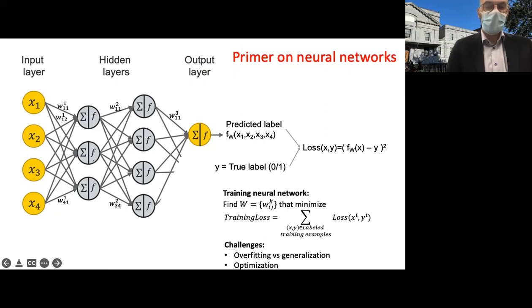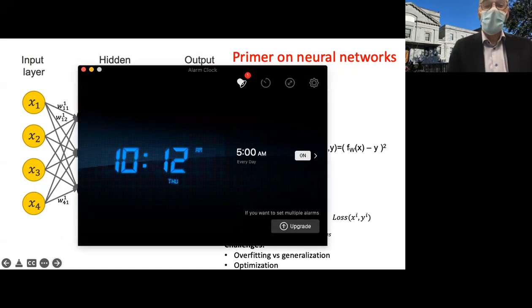And on each layer, you have a collection of nodes. Each node computes a weighted sum of its input, and the weights are the values assigned to each of those edges. Okay, so the output of this first node is going to be x1 times w1 plus x2 times w2, and so on.